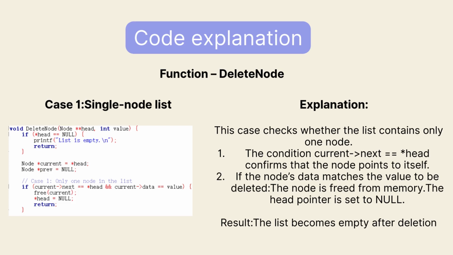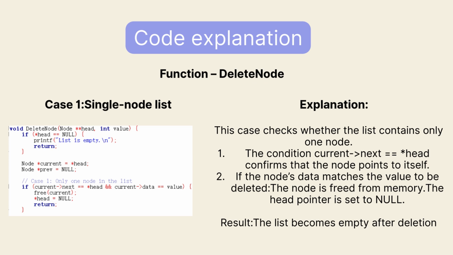The condition confirms that the node points to itself. If the node's data matches the value to be deleted, the node is freed from memory. The head pointer is set to NULL. And the result is the list becomes empty after deletion.